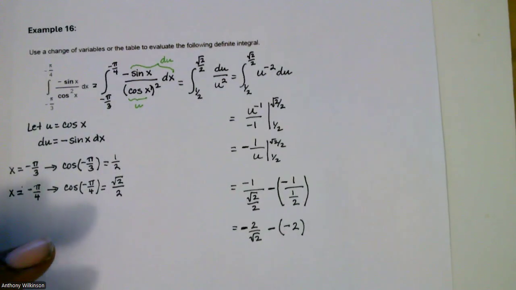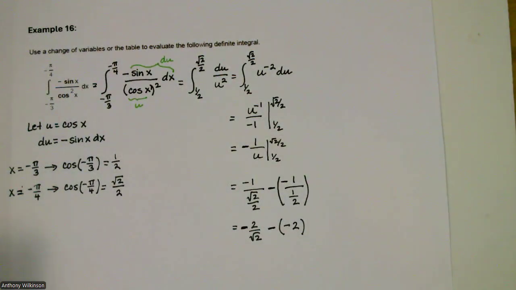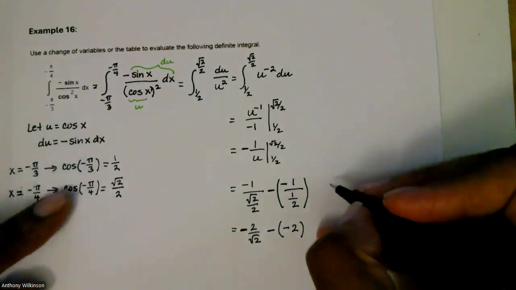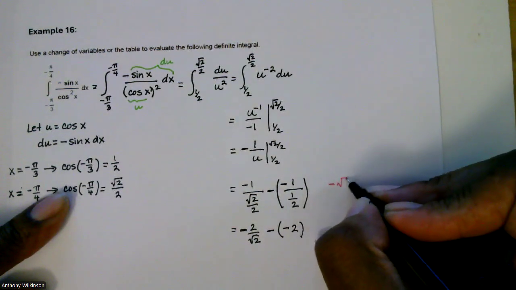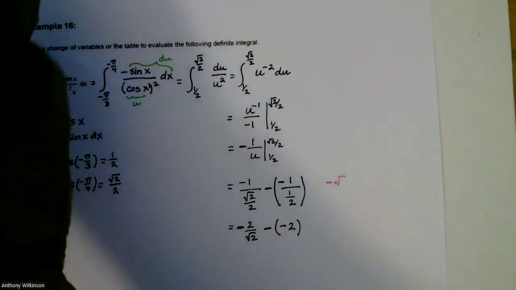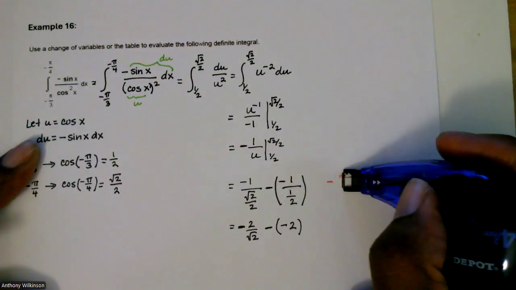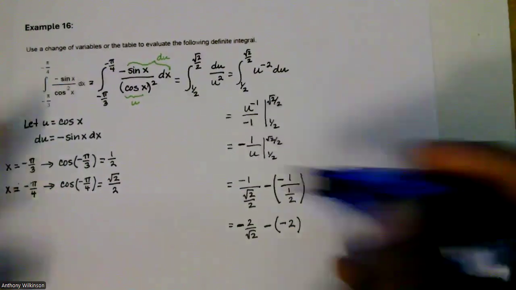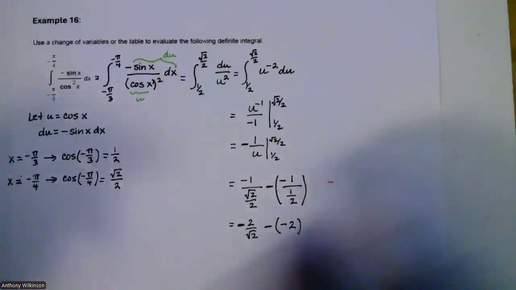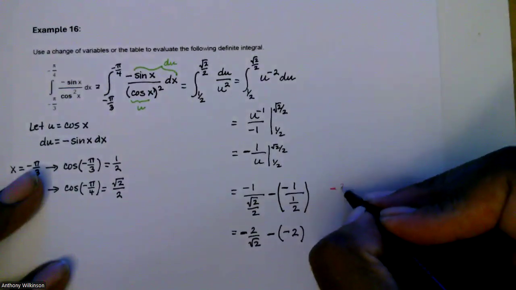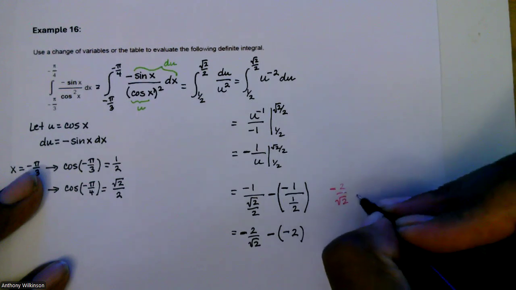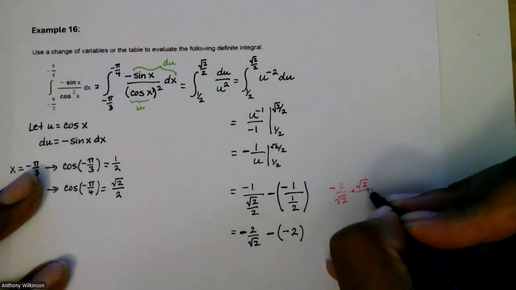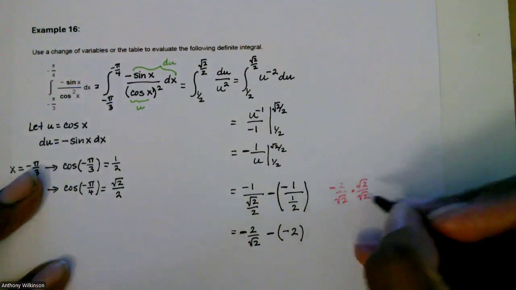Now, I'm going to take negative 2 over the square root of 2 off to the side, because I'm going to rationalize that denominator by multiplying the numerator and the denominator by the square root of 2.